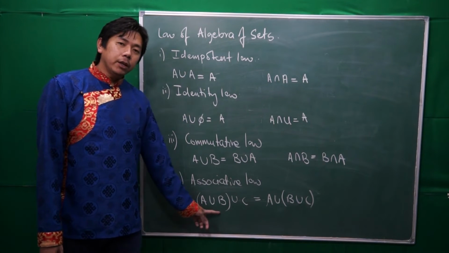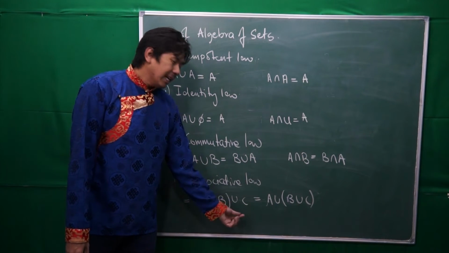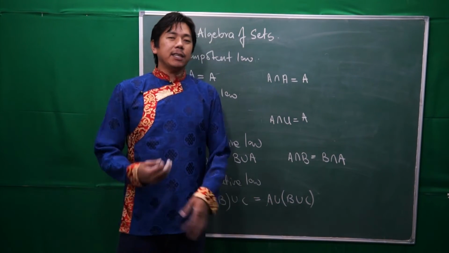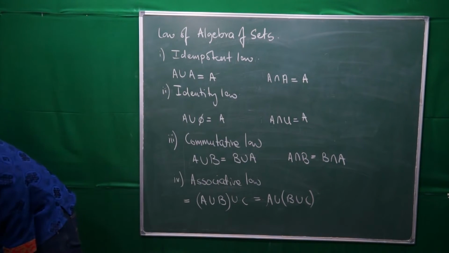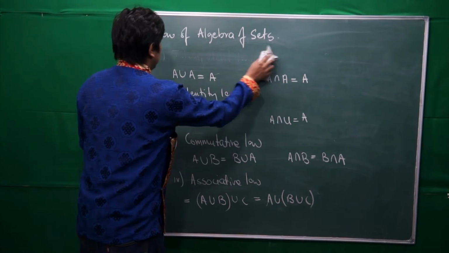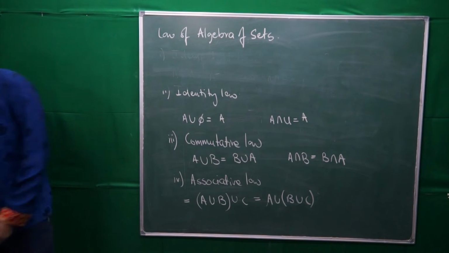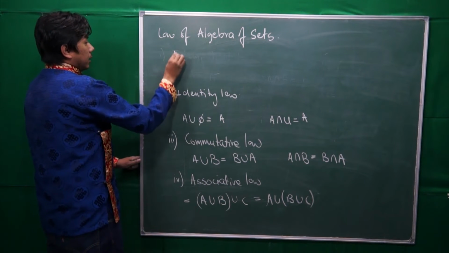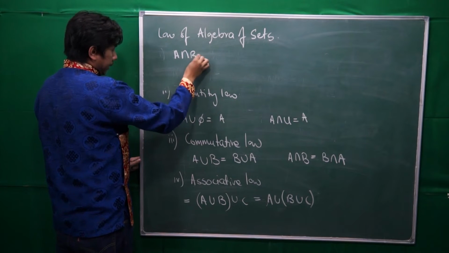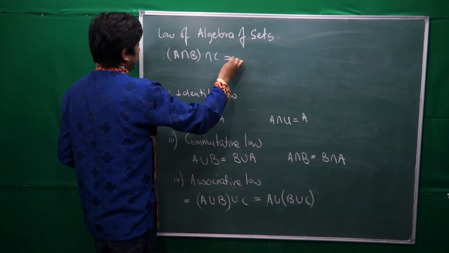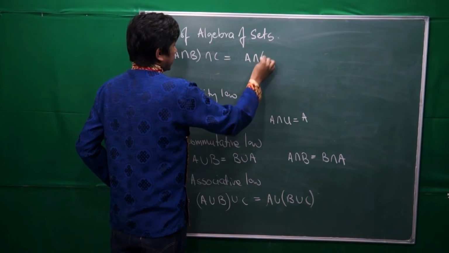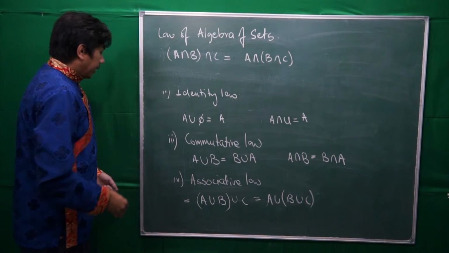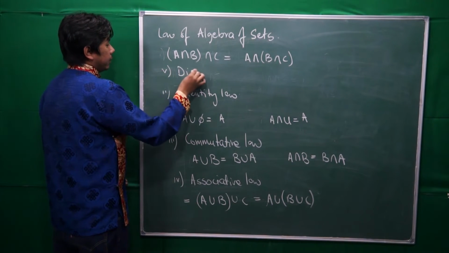So first union of A and B, then union with C is same as first union of B and C, then with A. Now same thing happens with intersection as well. A intersection B intersection C would be same as A intersection B intersection C.